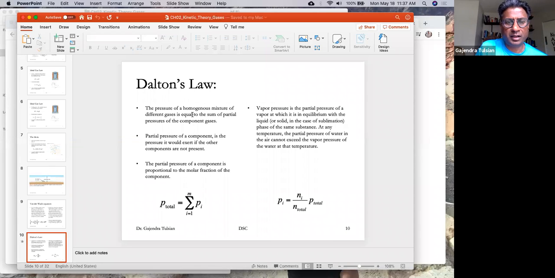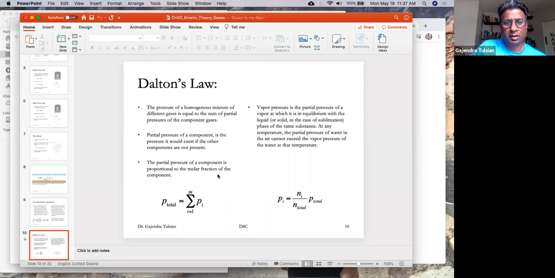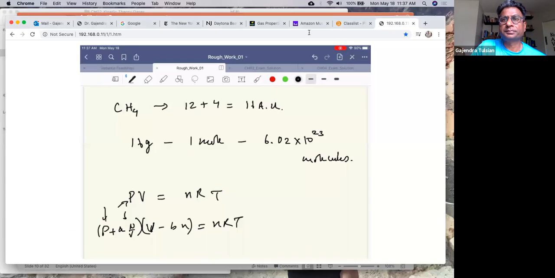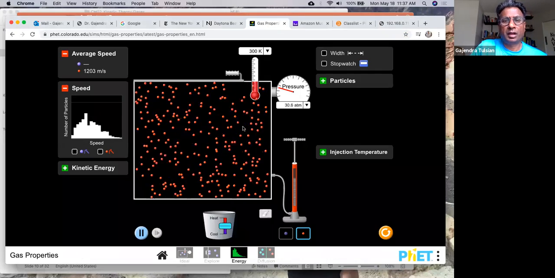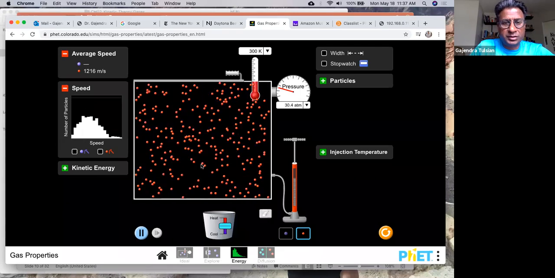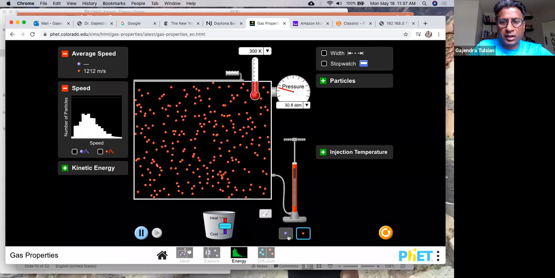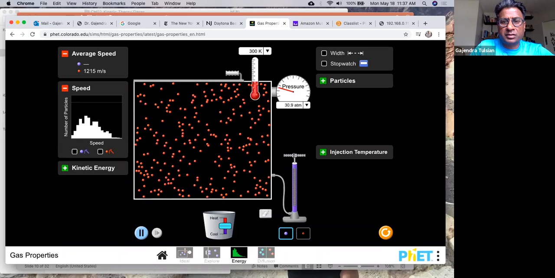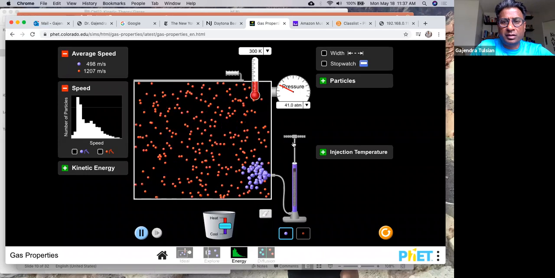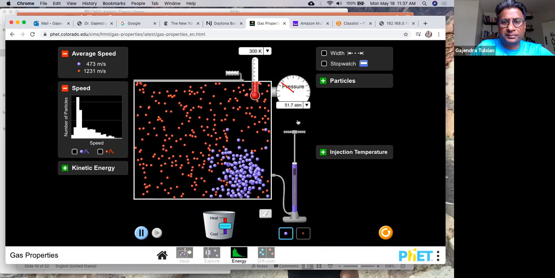All right, we'll talk about Dalton's law. Let's go to this simulation. Like I said, you'll be using this simulation for the lab. So let's add some molecules of slightly different variety.